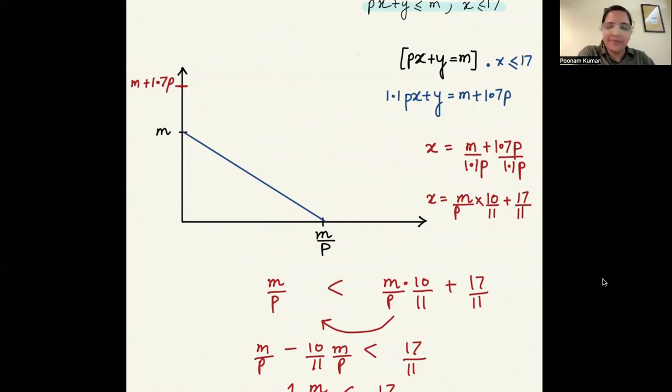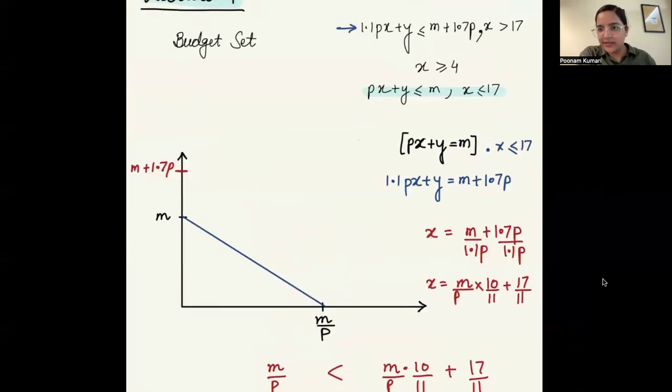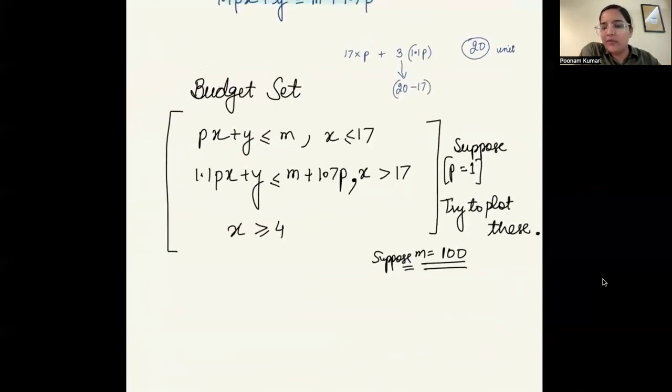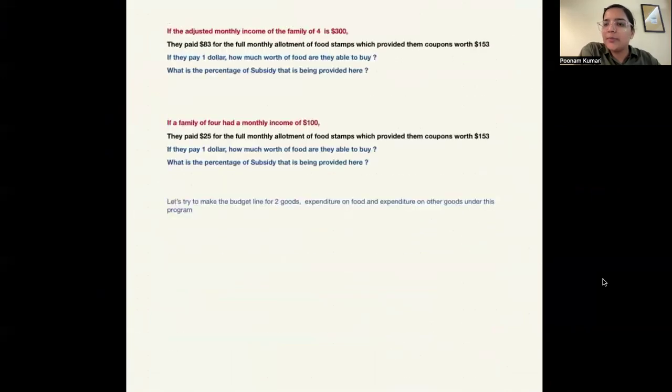So we can be in a situation wherein the horizontal intercept is here, or we can also have a situation wherein the vertical intercept is here, right? We can't really say anything, but for now, using the example that I gave you, P value was 1, M value was 100.